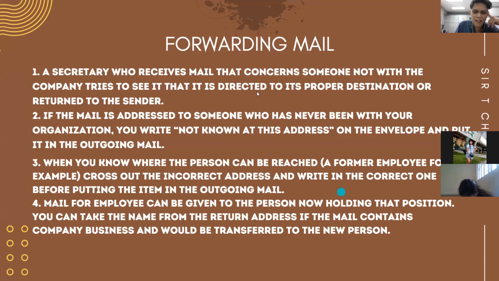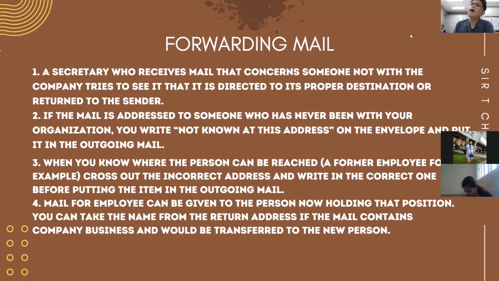Next natin is mail for employee can be given to the person now holding that position. Okay, you can take the name from the return address and mail the contents. Company business would be transferred to a new person.